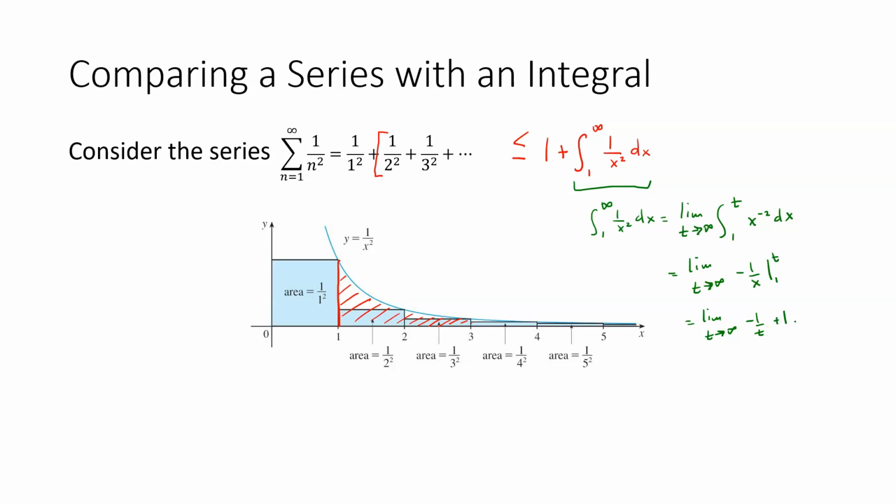And as t goes to infinity, this goes to 0 plus 1. Since the integral from 1 to infinity converges to 1, we know that the sum of the series 1 over n squared must be less than or equal to 2. So this shows that this series must converge.